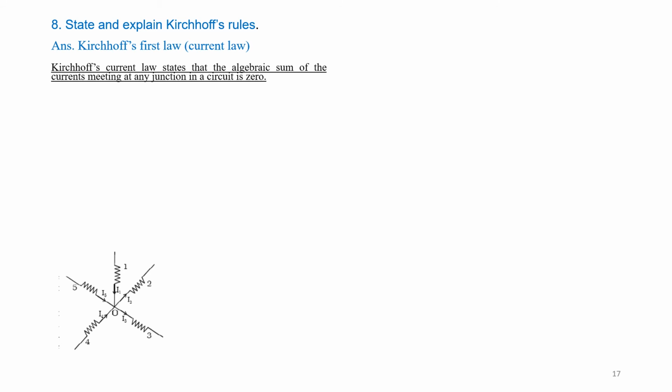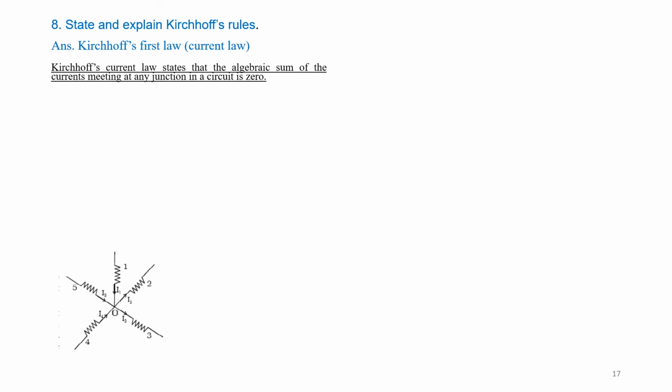Conductors 1, 2, 3, 4 and 5 are joined at a point O. O is called the junction. The currents through these conductors are I1, I2, I3, I4 and I5, and their direction of flow is shown in the diagram.